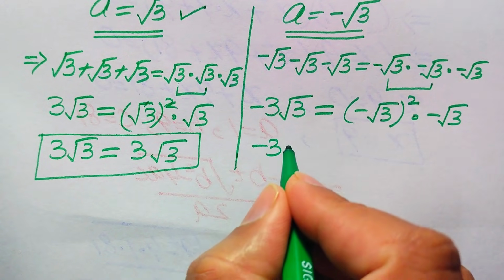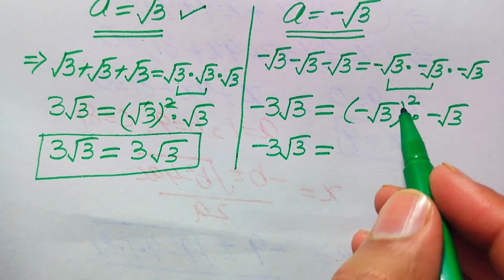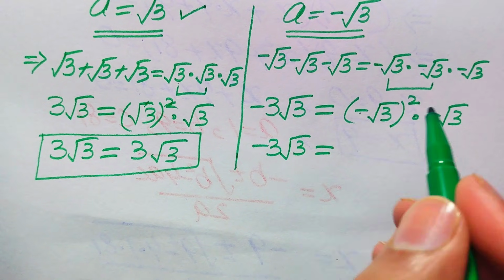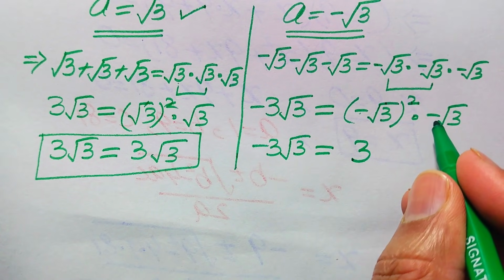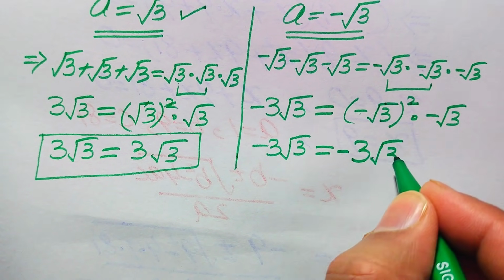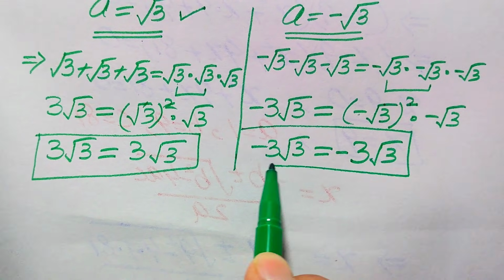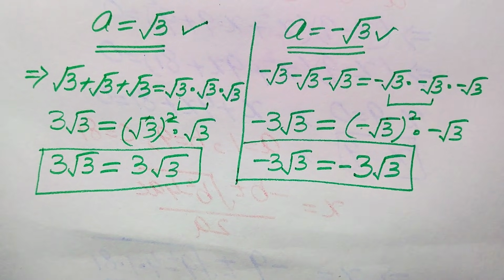So we obtain minus 3 times square root of 3 is equal to, here you see that the square of a negative term becomes positive, and the square and square root are gone, and we get 3 only, and here you have minus square root of 3, and we write it as minus 3 times square root of 3. This shows that both of the sides are equal. It means that the second value of a also satisfies our given question statement.